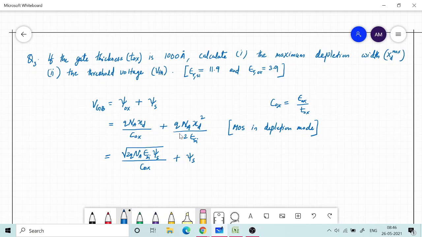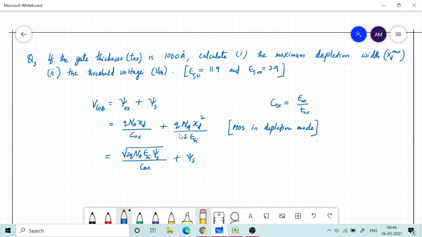This is an alternate way of writing the same expression: two voltage drops, one across oxide and the other in the semiconductor at the interface region. In this second case, psi s is basically the variable. As VGB increases, psi s changes.